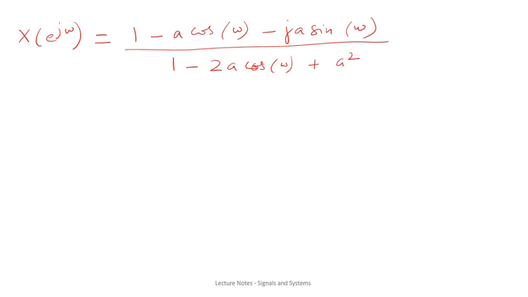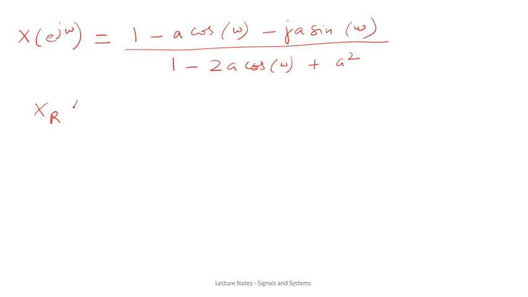Okay, so 1 minus a cos omega minus j times a sin omega upon 1 minus 2a cos omega plus a square. Now this expression can be divided into the real and the imaginary parts, so we'll write them separately.